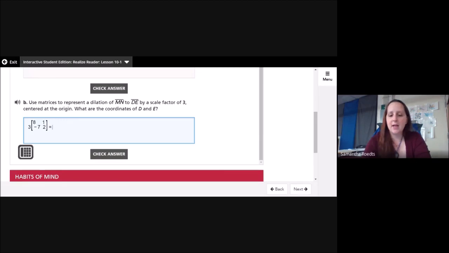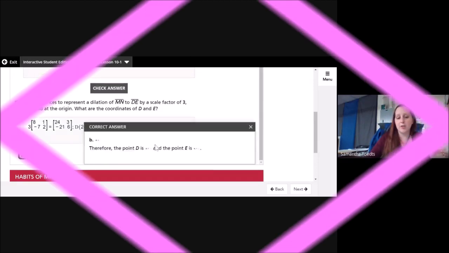When I do that, 8 times 3 is 24. 3 times 1 is 3. -7 times 3 is -21. And 3 times 2 is 6. Okay, so that means D is 24, -21, and E is 3, 6. Remember, that only works when it's centered at the origin.